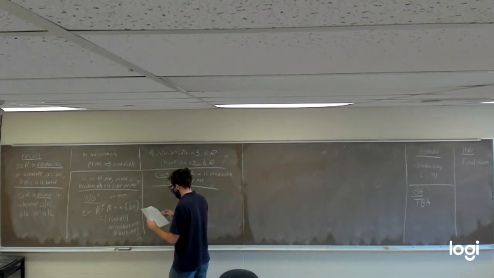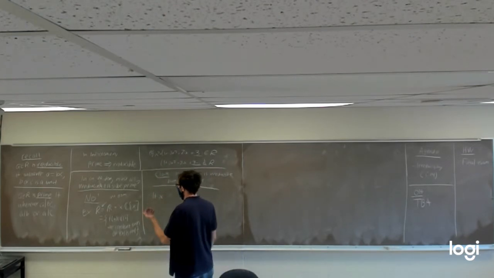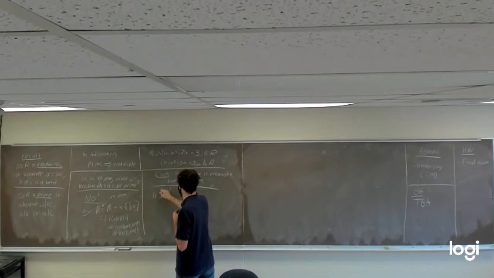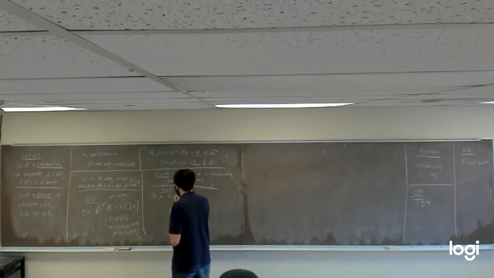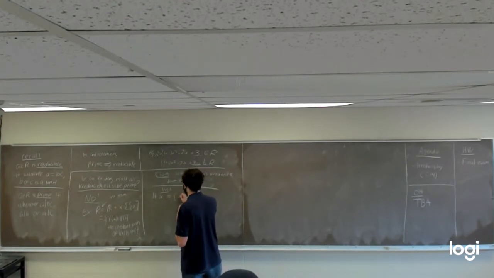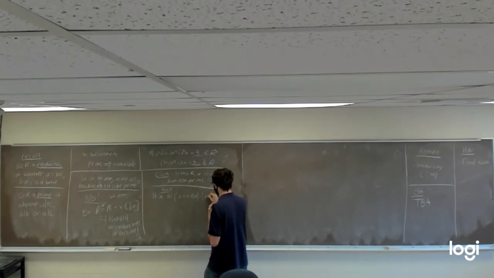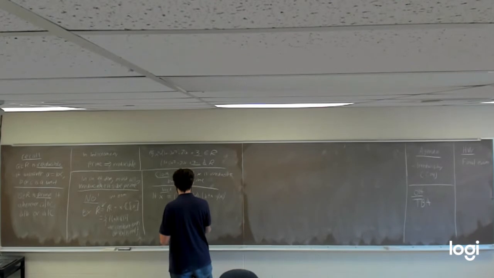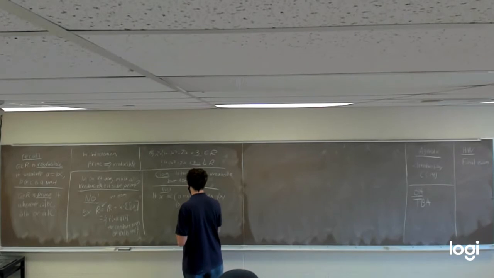So if x is equal to the product of two elements, we're going to start by proving irreducible. So let's suppose x is the product of two things in this ring. In other words, we're going to assume x is equal to the product of (a + x f(x)) times (b + x g(x)) for some real numbers a and b. f(x) and g(x) are allowed to be any complex polynomials.